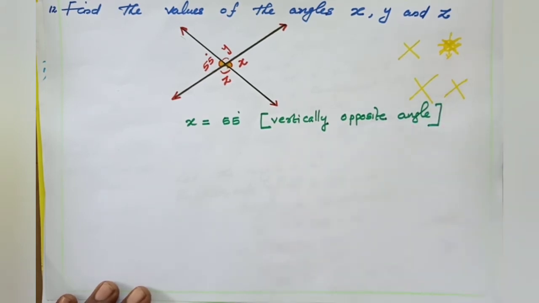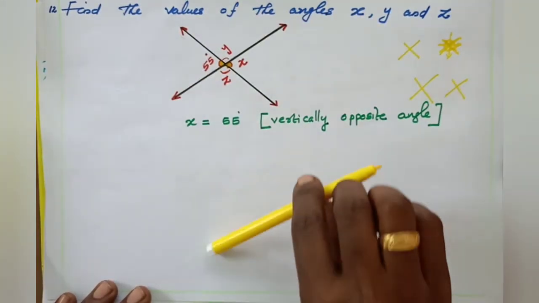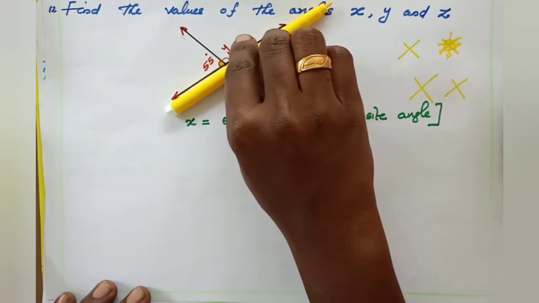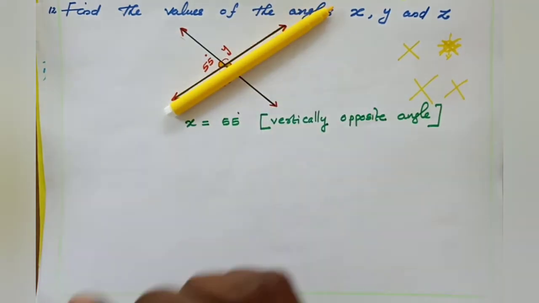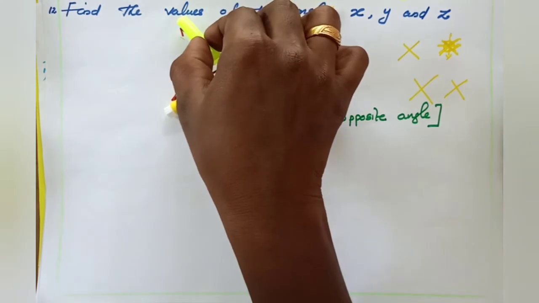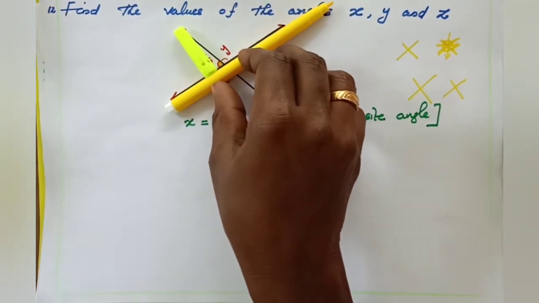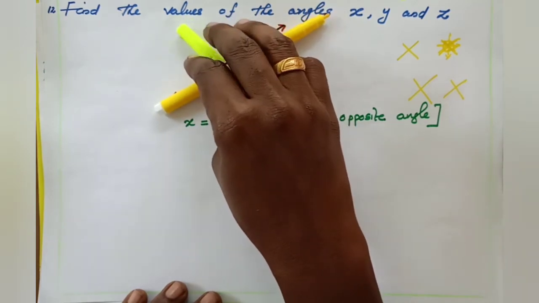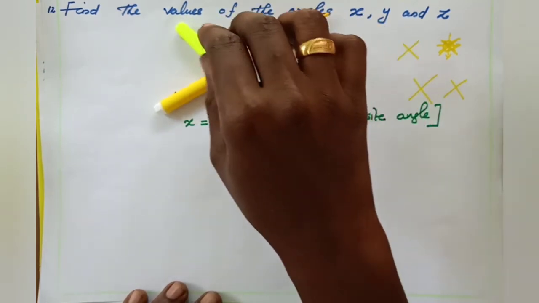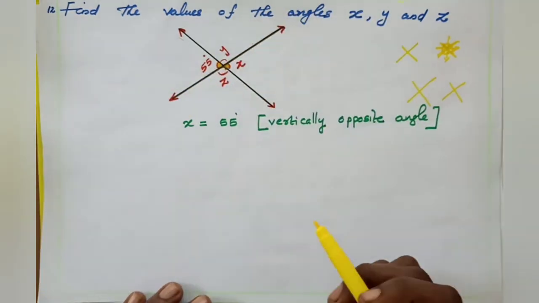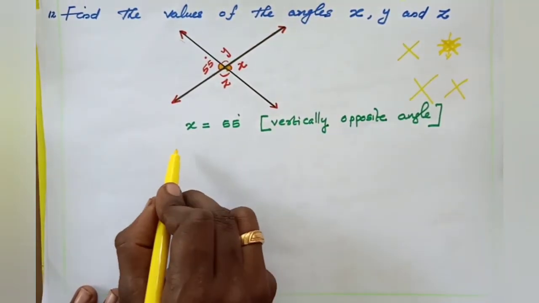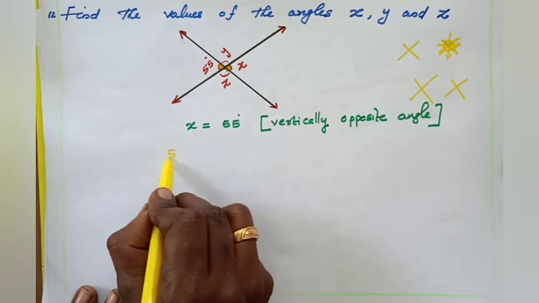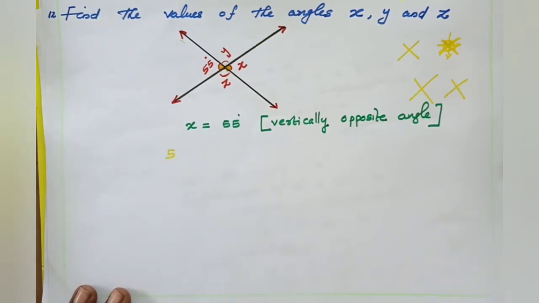Okay, then find out the y and z. Listen, this is one straight line, and another ray standing on it, so this forms a linear pair. We know the sum of a linear pair is 180 degree.